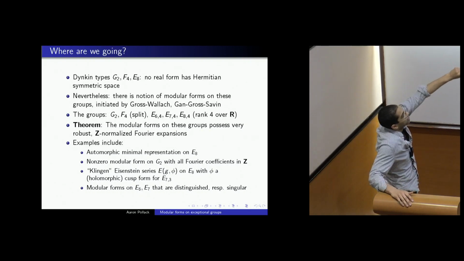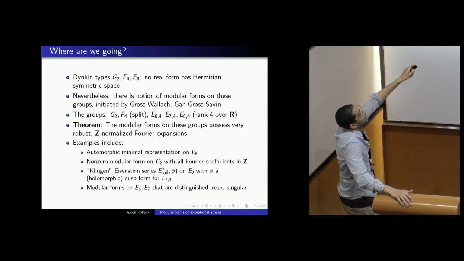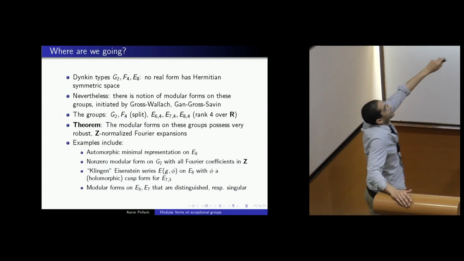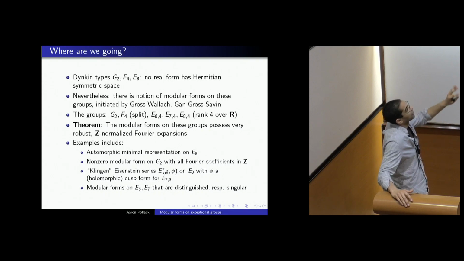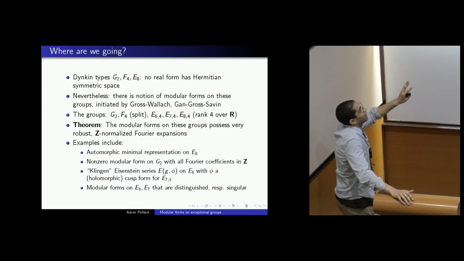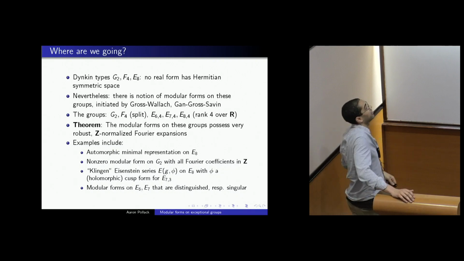Another result that I'll mention later is a modular form on G2 for which all the Fourier coefficients are integers. The theorem that I'll be discussing a lot says that these Fourier expansions are sufficiently robust that you can normalize them integrally, and so it makes sense to talk about integral Fourier coefficients.